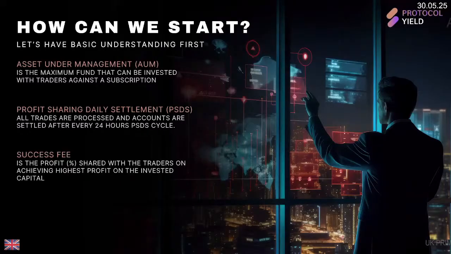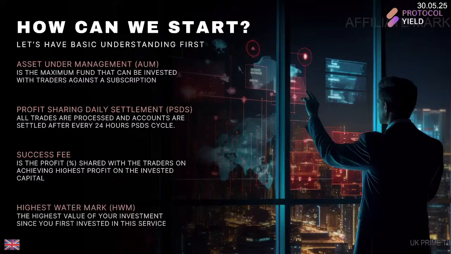Then you have the success fee, the profit percentage shared with the traders, right? And then there is HWM, which is practically the high-water mark, the highest value of investment. And traders, first of all, understand this. A trader only receives his success fee when he makes a profit. There is a baseline, a bottom line. So traders only earn when they make a profit.